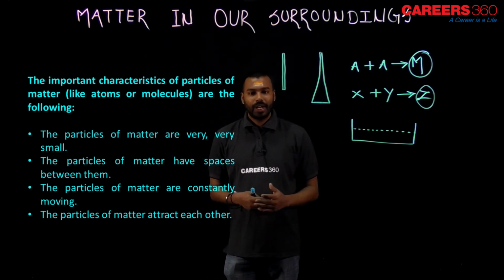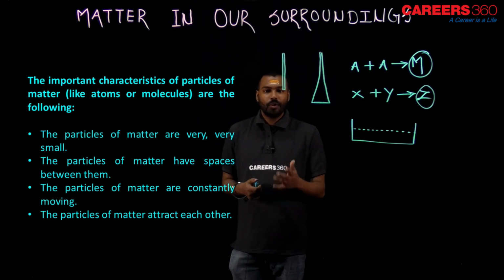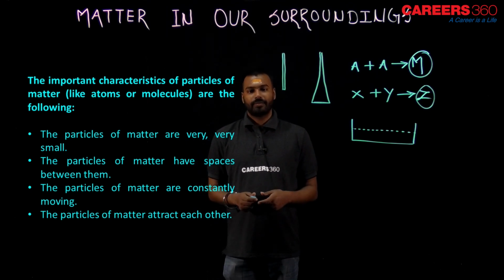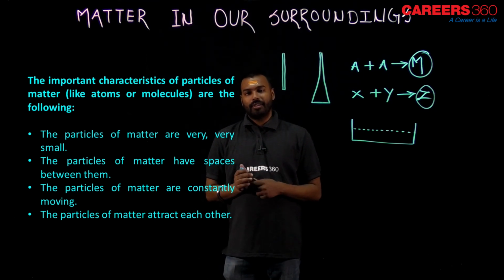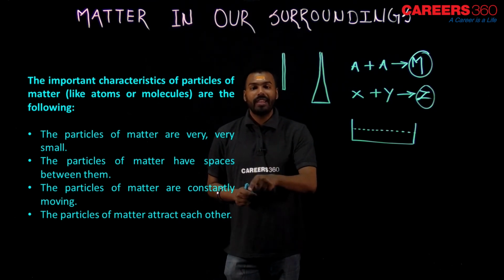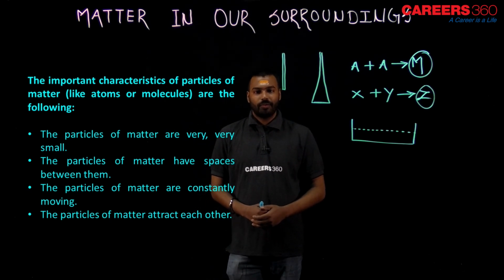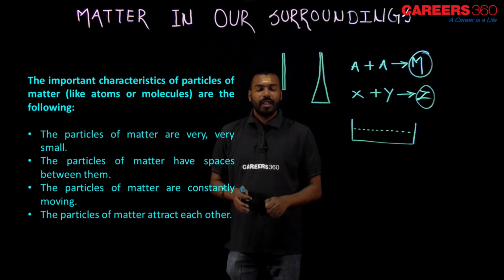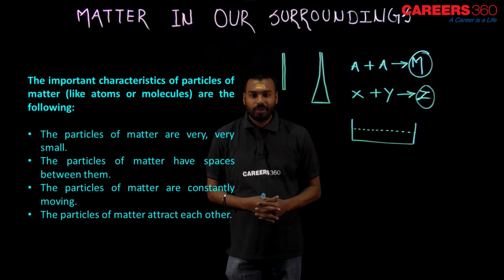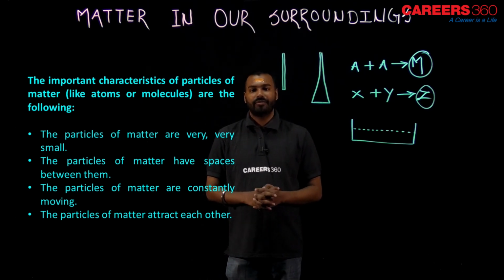On the basis of this theory, which I hope you will study in physics, not in chemistry, the particles of matter attract each other. But why do they attract each other? My dear student, in all the particles there is a positive charge and a negative charge.